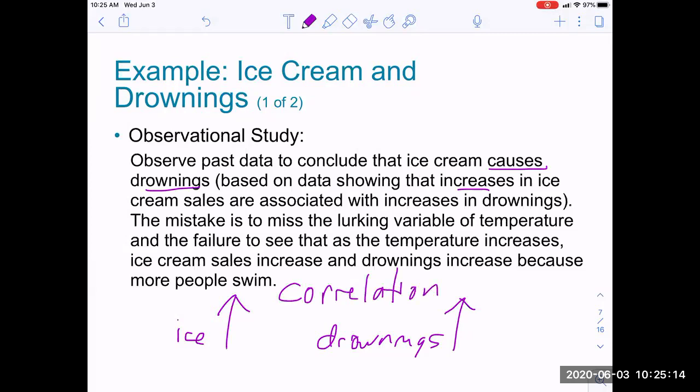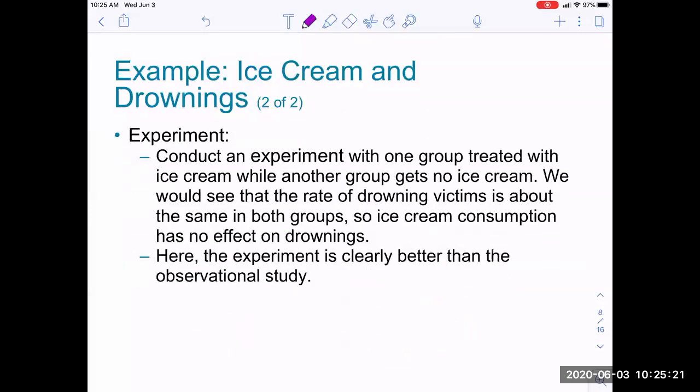But as we learned before, correlation does not imply causation. So we could do an experiment where we give a bunch of kids some ice cream, give another bunch no ice cream, and see that the rate of their drownings are about the same. Not a very ethical experiment for sure, but better than the observational study.